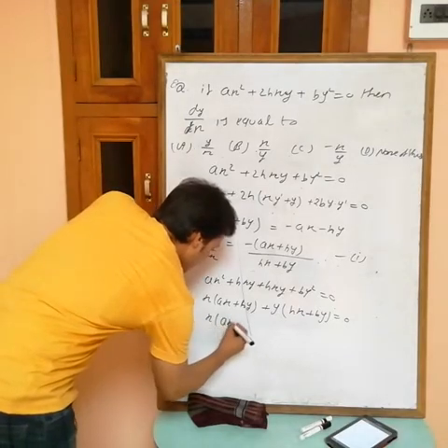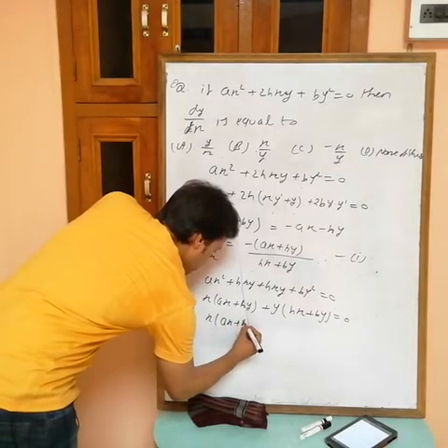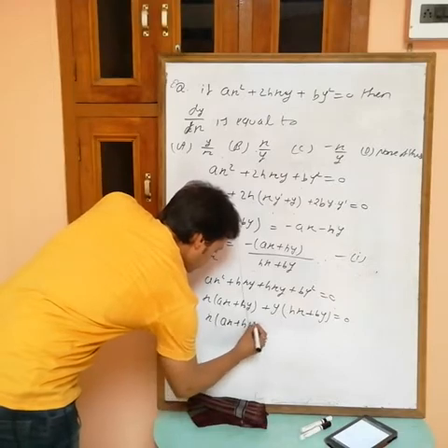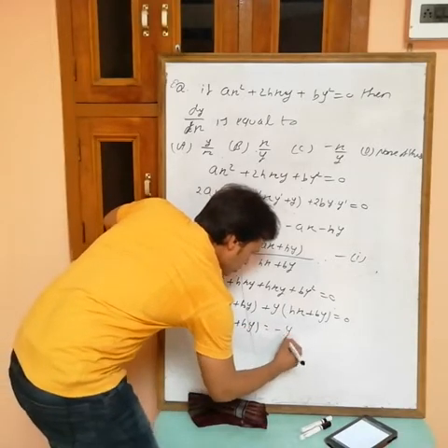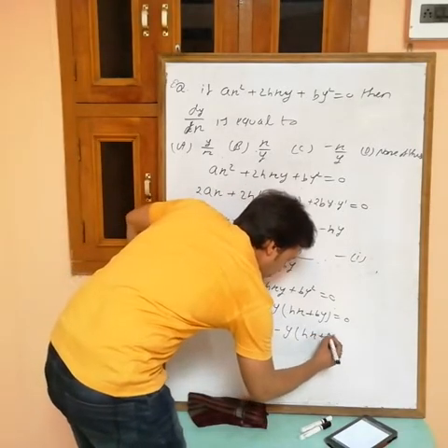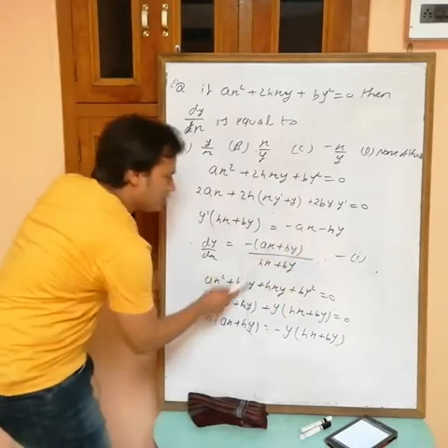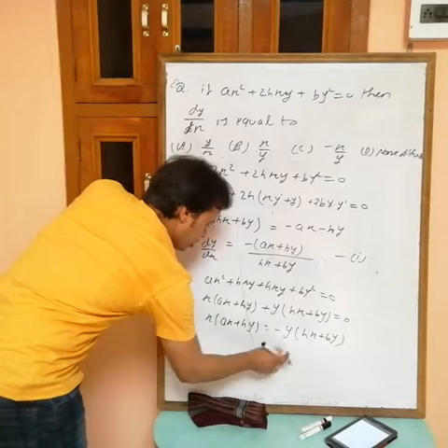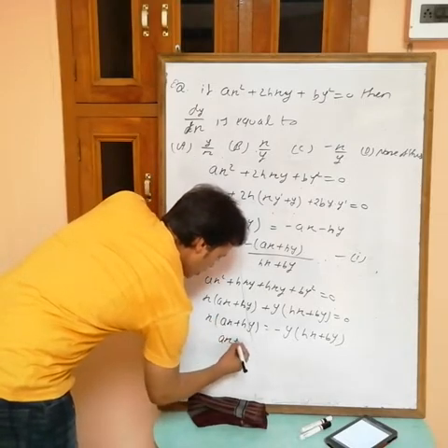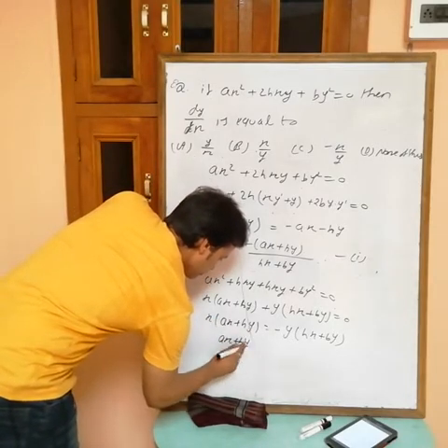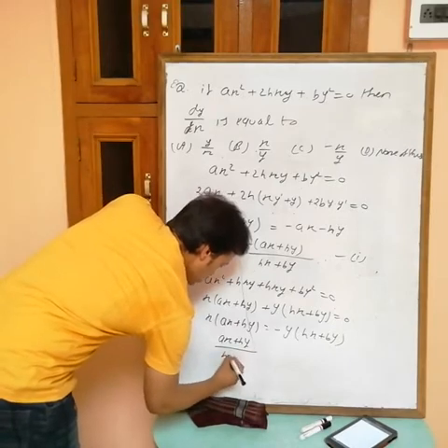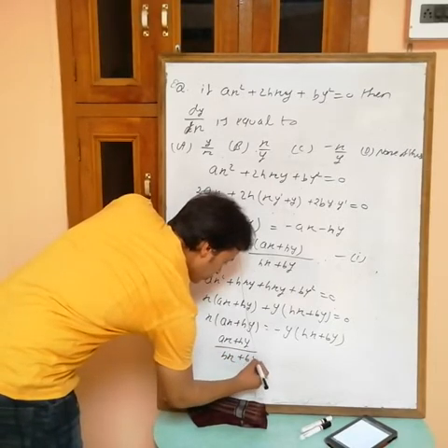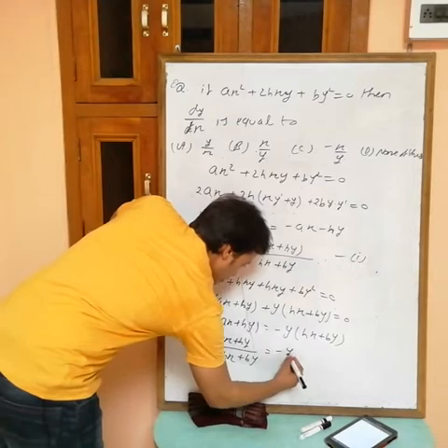Ax plus hy equals to minus y into hx plus by. Okay, you want ax plus hy by hx plus by, so divide by this one on this side. So ax plus hy by hx plus by equals to minus y by x.